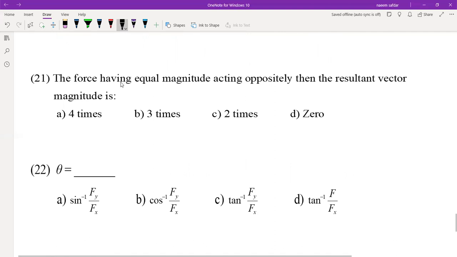The forces having equal magnitude acting oppositely, then the resultant vector magnitude is: A option 4 times, B option 3 times, C option 2 times, D option 0. If we have two forces of equal magnitude acting oppositely, means both have same magnitude.